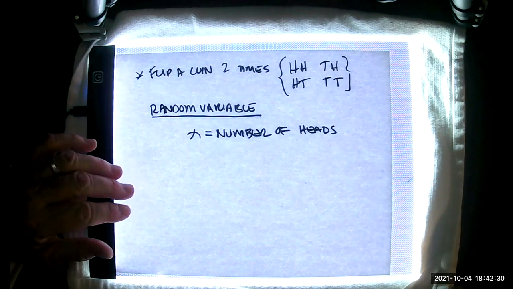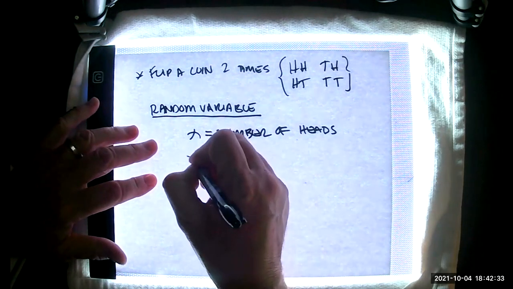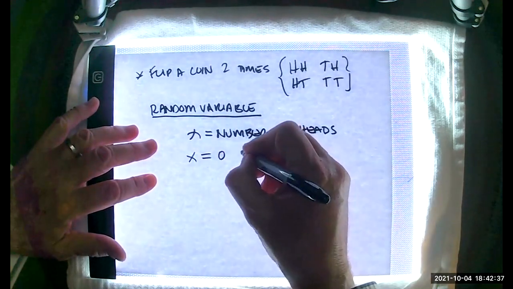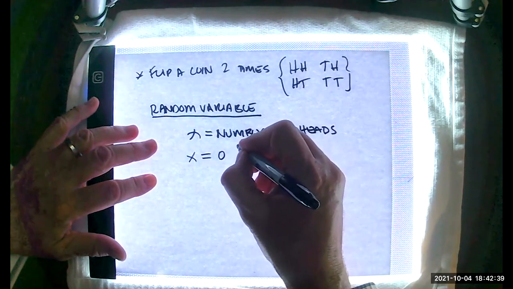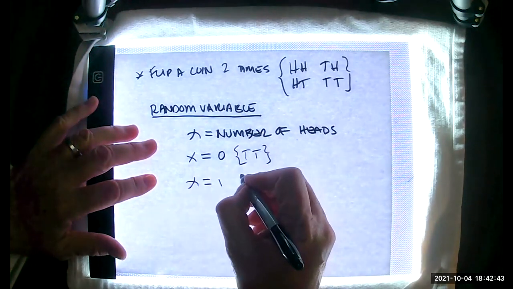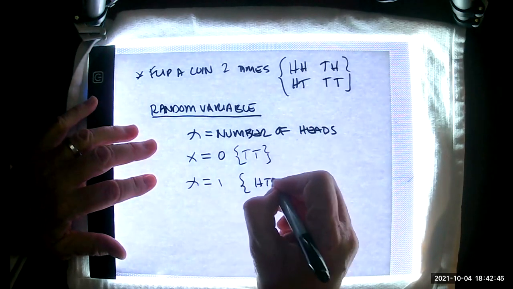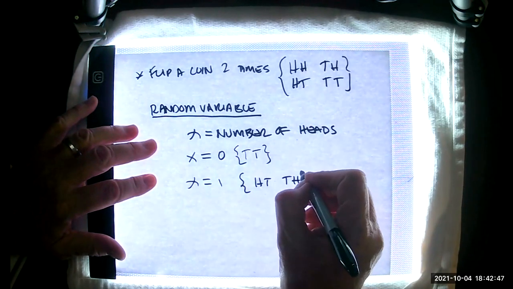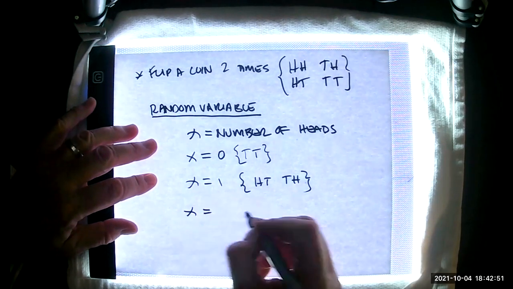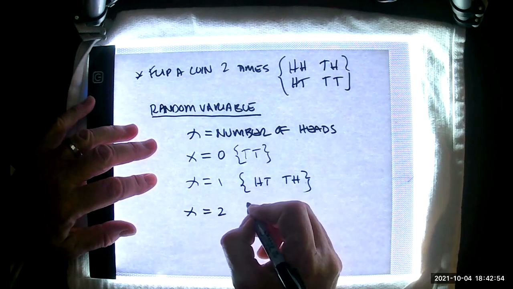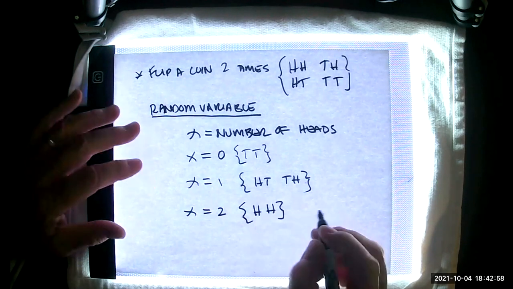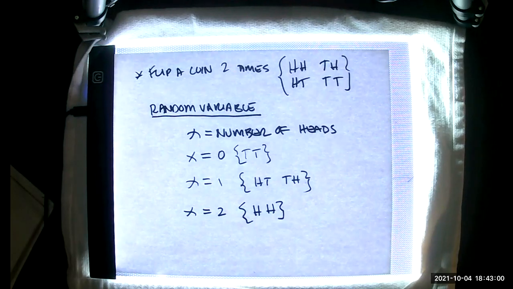I might have 0 heads. That's when I get 2 tails in a row. I might have 1 head. That's where I get first a head and a tail, or perhaps a tail and a head. And then there's a way I might actually end up with 2 heads if I flip the coin twice and it lands on heads both times.